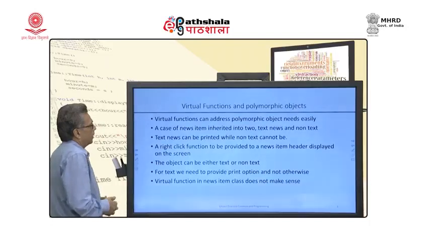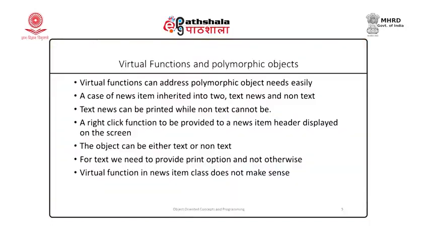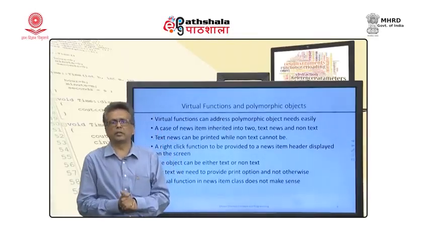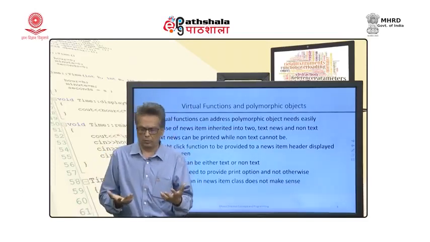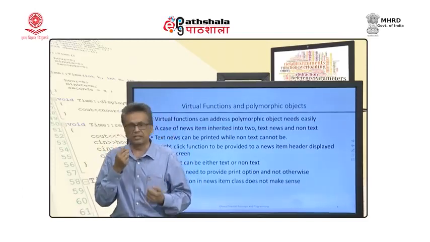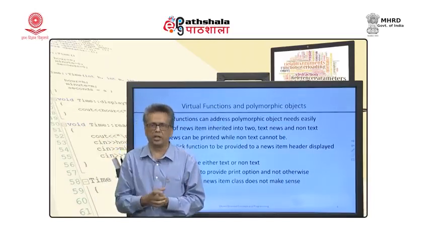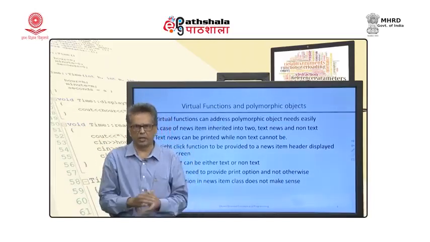Okay. Virtual functions and a polymorphic object. We have already seen that virtual functions can address polymorphic object needs very easily, and let us take a case where you have an item called a news item. It is a kind of system where the user has a lot of news items displayed on the screen. The headings are displayed.